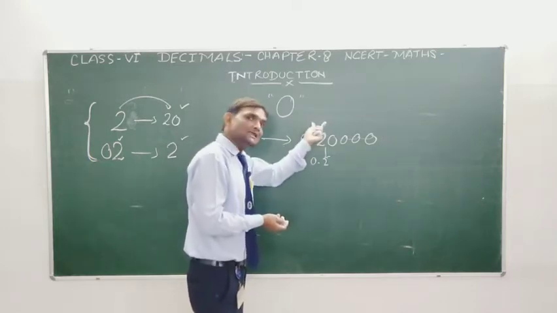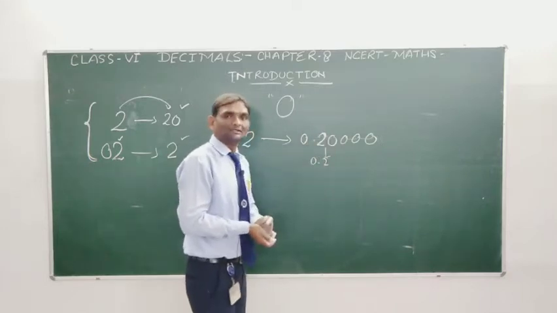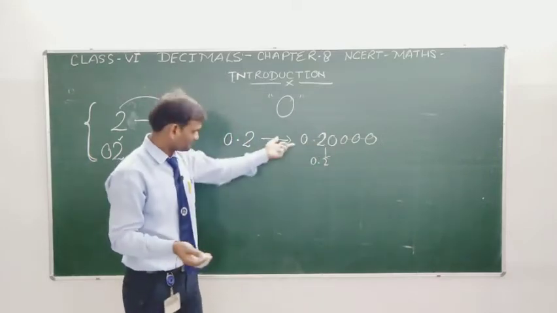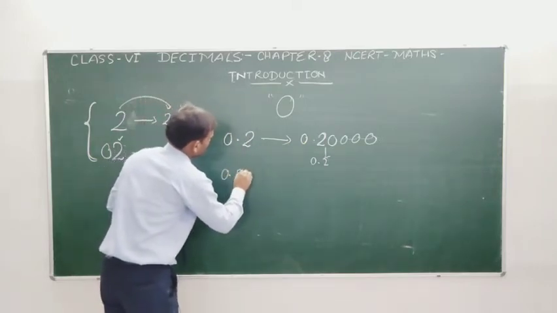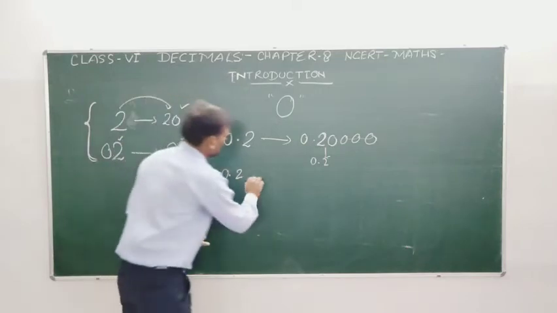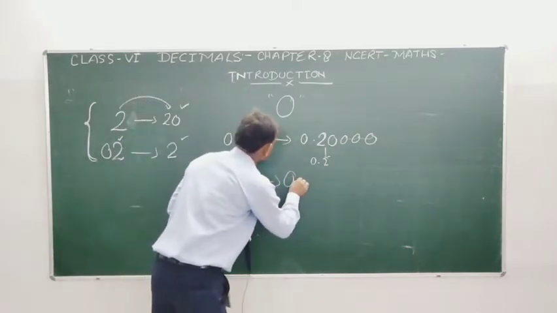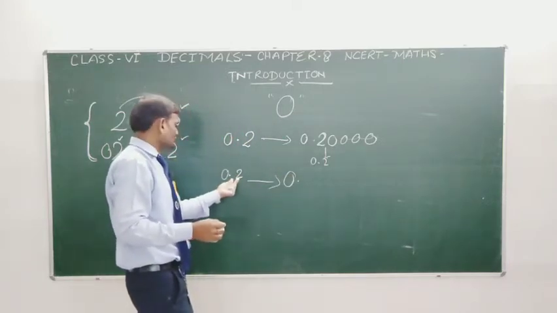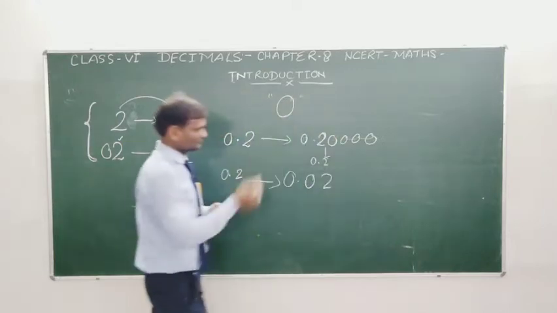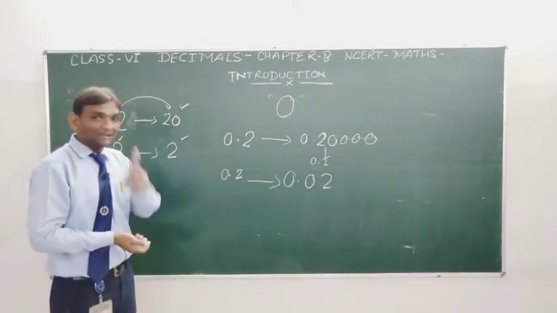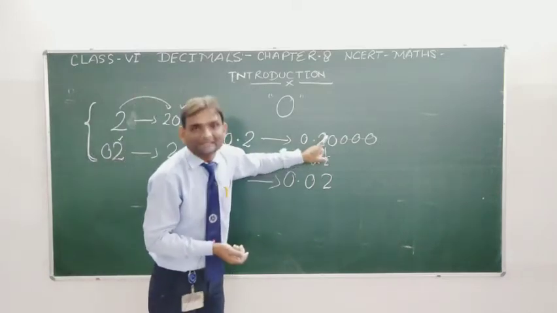But student, opposite this, if we write the zero to the left side of the fractional part, will the value be changed or not? I am doing here 0.2, the same example. Now I write 0 before the 2, 0.02. Now student, the place value of 2 is 2 tenths.